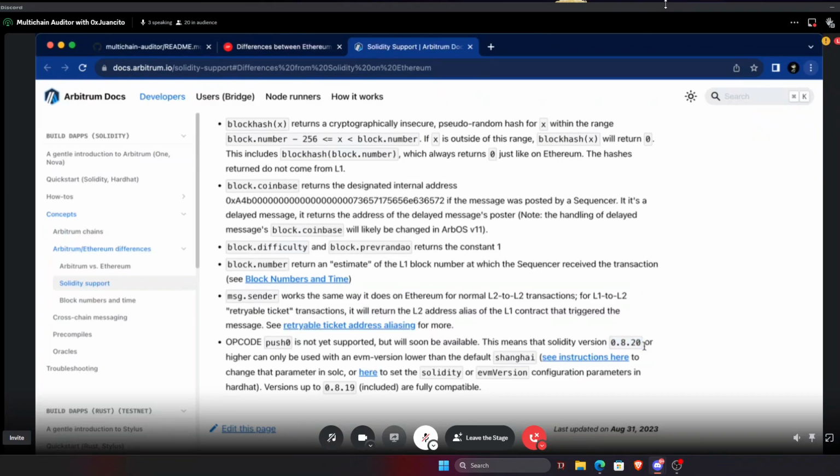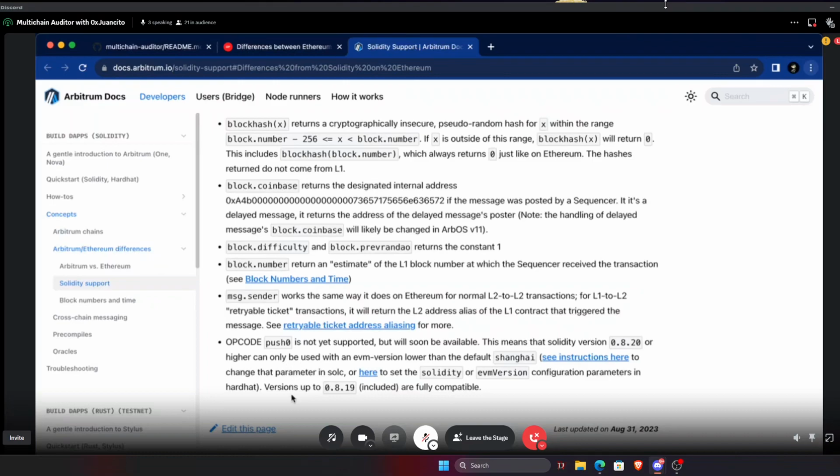So for example, if you're using a layer 2, you might want to check that this specific push 0 opcode is available on that chain, because maybe you're not doing some assembly and using this push 0, but the compiler might use it under the hood and it might introduce some issues, some unexpected errors.